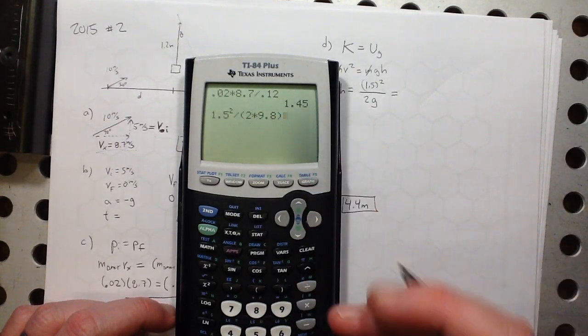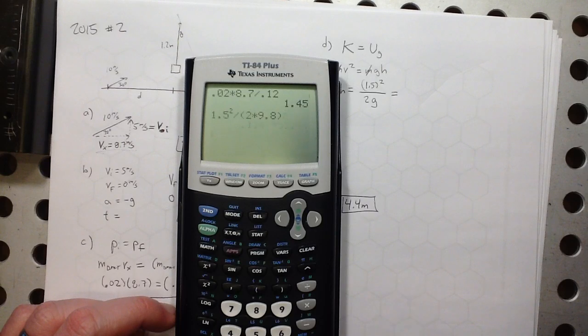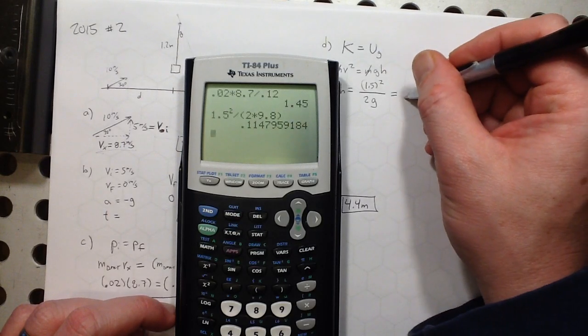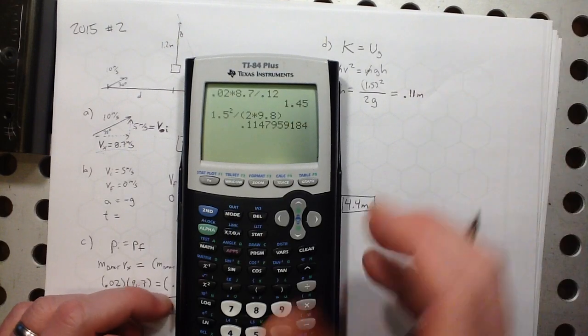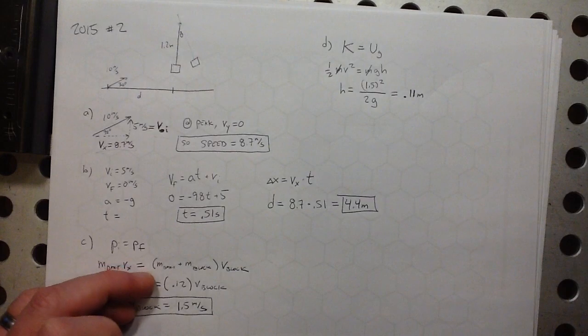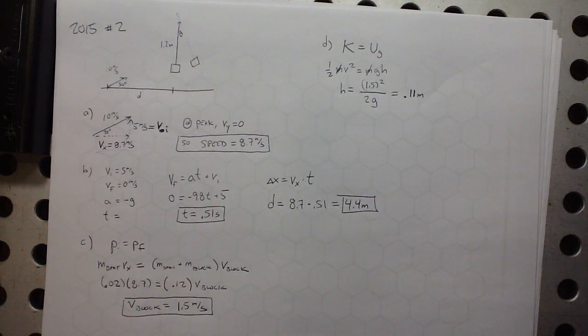Be careful about those parentheses on the bottom of fractions there. It's a careless rookie mistake not to do that. All right, so 0.11 meters.